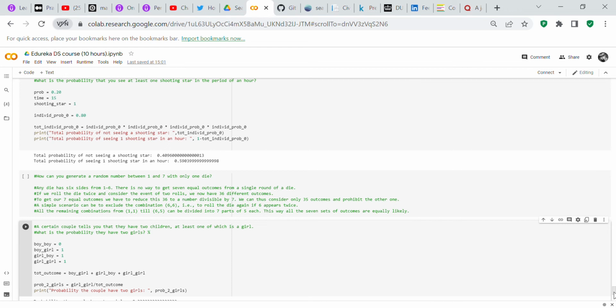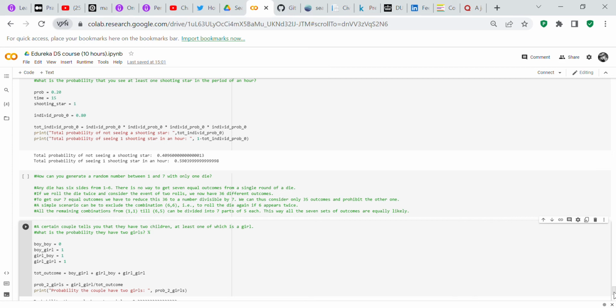If we roll the die twice and consider the event of 2 rolls, we now have 36 different outcomes. To get our 7 equal outcomes, we have to reduce this 36 to a number divisible by 7. We can thus consider only 35 outcomes and prohibit the other one.